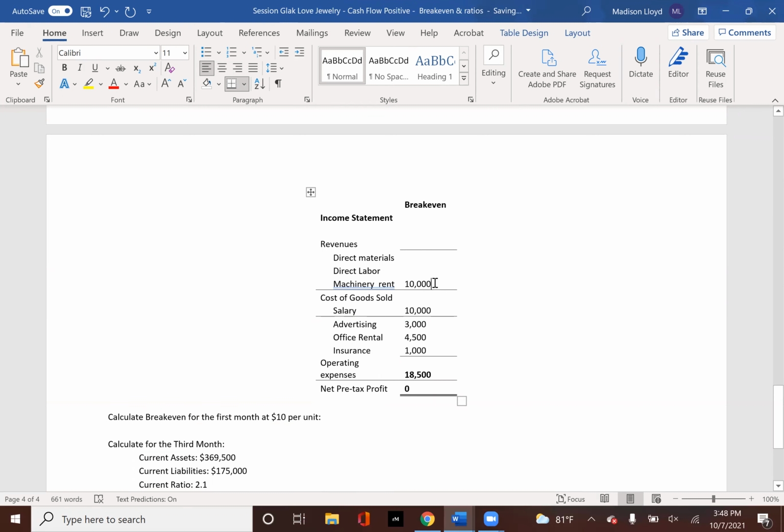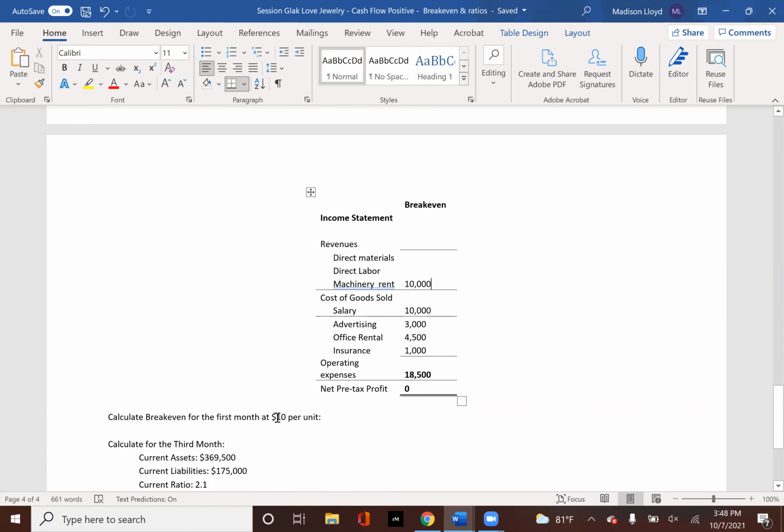So you're going to leave that there. You're going to add $10,000 plus your $18,500 for your operating expenses, and you're going to get $28,500. Keep that in the back of your mind, $28,500.